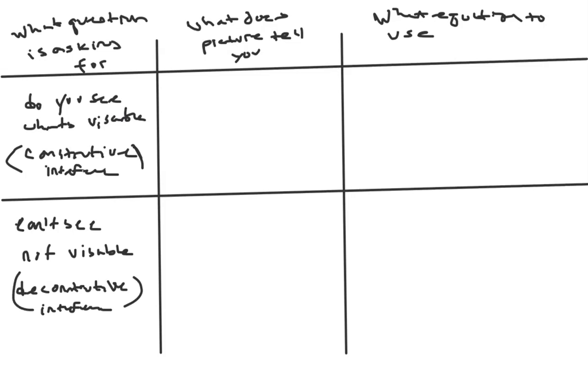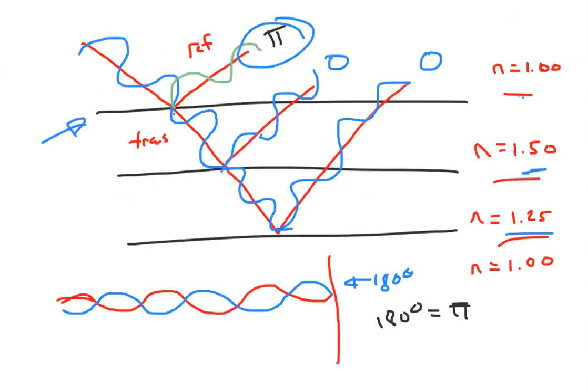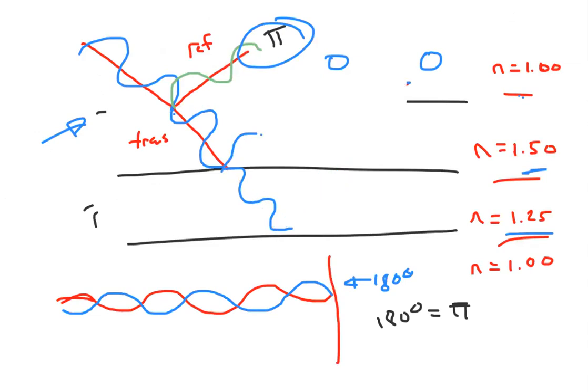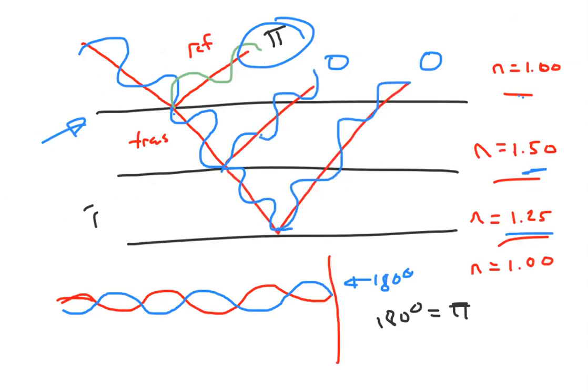And then you do your picture. The next column is your picture. So that's what we were doing over here. You might do your picture and you might get constructive or destructive interference. So you're going to have to draw this picture every time for these questions. And you're going to have to figure out, based off the picture, based off the indexes of refraction and how they cause the change in path length, is it constructive interference or destructive interference?